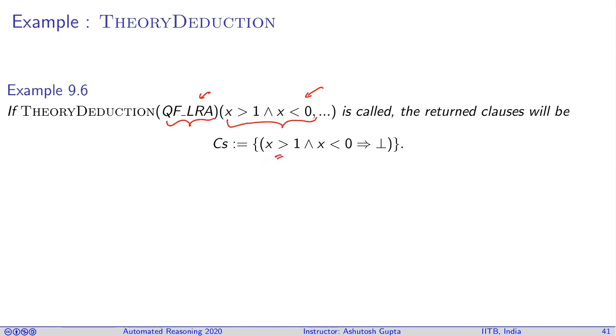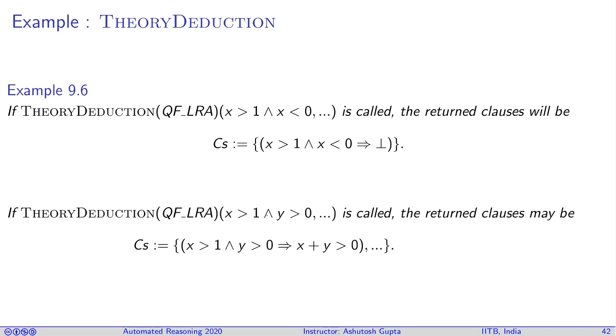It says that if these two atoms are true at the same time, that means false. You can easily see that this is a clause because these two are inside the left-hand side of the implication. If you simplify, it becomes an or, with a not put in front of each.